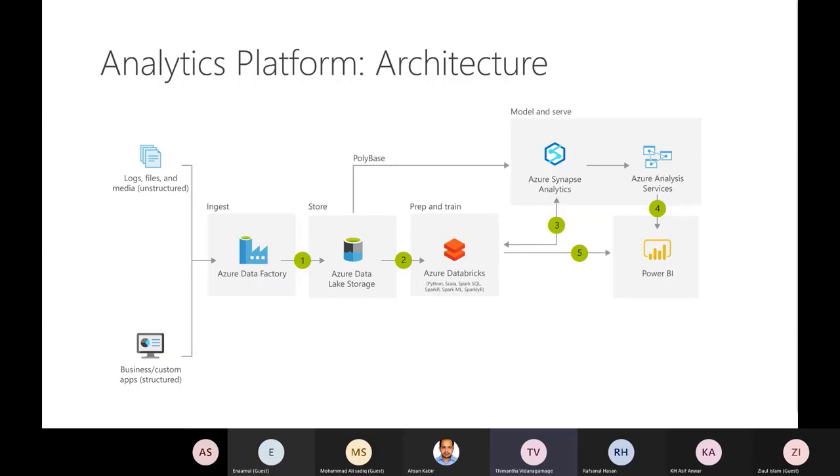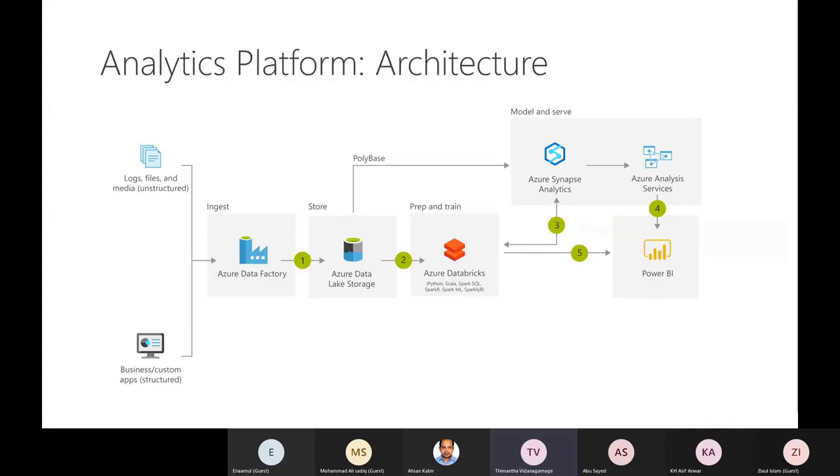The transformed data in Azure Synapse Analytics is consumed by Azure Analysis Services, which is a tabular semantic model in Azure. And afterwards, from the semantic model in Azure Analysis Services, the Power BI reports are consumed, and the reports function with the use of the data in the semantic model.